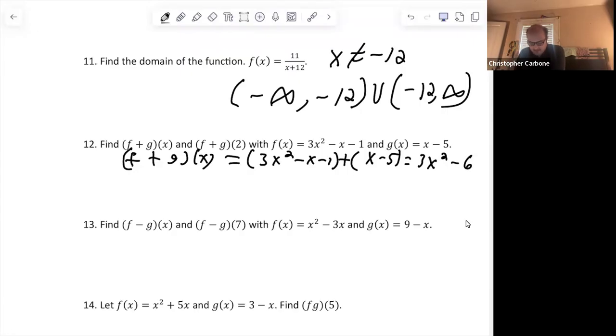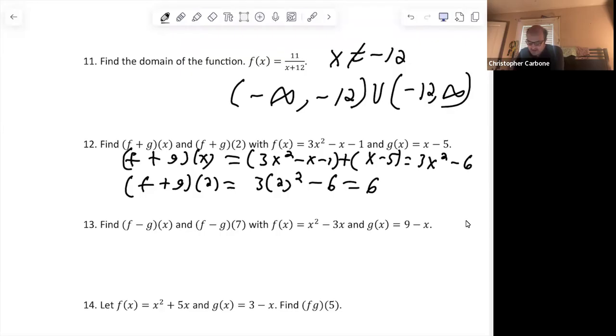And popping in 2 into that would be 3 times 2 squared, so 3 times 4, which would be 12, minus 6, so it makes 6.